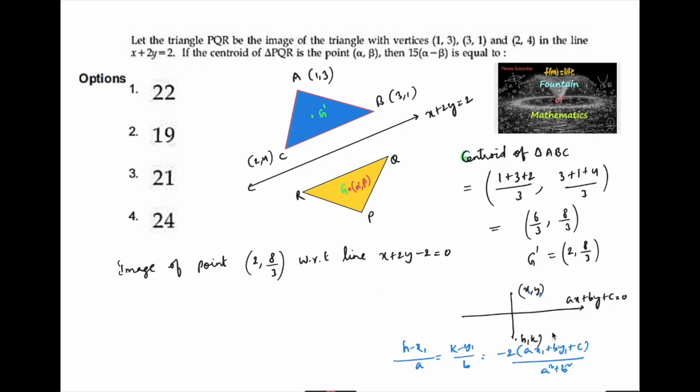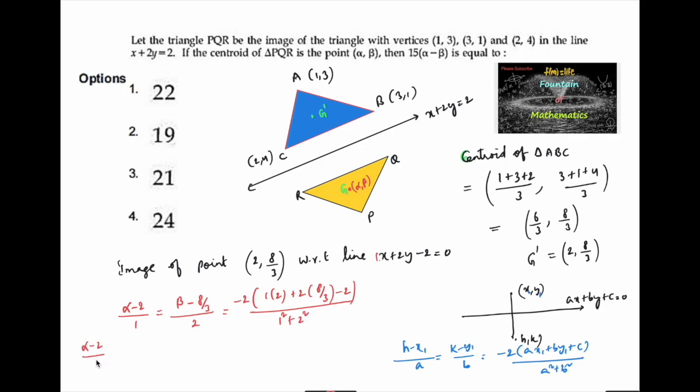So here h comma k is alpha comma beta, so we can write alpha minus 2 divided by the coefficient of x, which is 1, is equal to beta minus y1, which is 8 by 3, divided by the coefficient of y, which is 2, which is equal to minus 2 times of ax1 plus by1 plus c. So here a is equal to 1, x1 is 2, so 1 into 2 plus b, that is 2 times of 8 by 3, and minus 2, divided by a square plus b square, that is 1 square plus 2 square.